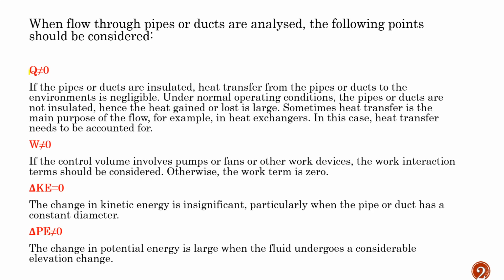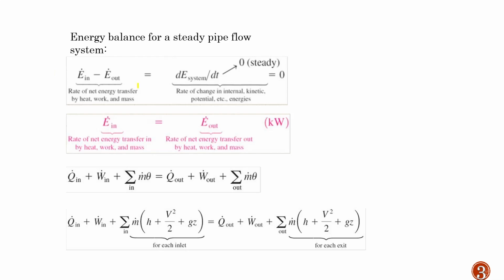Okay, some of the points we have to analyze for the pipe and duct system are heat transfer, work, change of kinetic energy, and potential energy. By deriving the energy balance for a steady pipe flow system, since it is in a steady state, the change is equal to 0 because there's no change in all points in the interval of time.